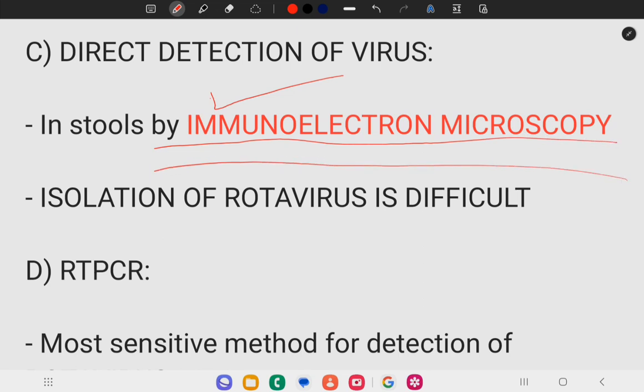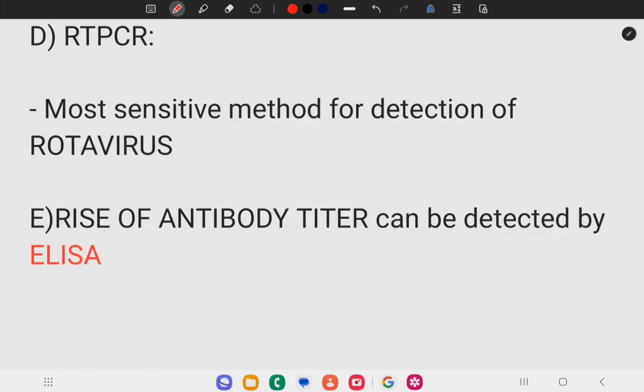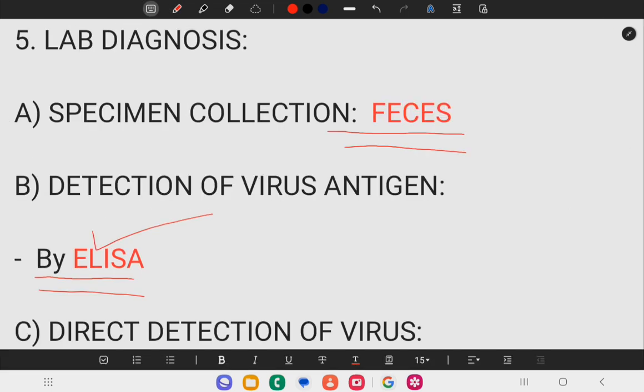Isolation of rotavirus is difficult, so it is not possible to culture the virus. RT-PCR is the most sensitive method for detection of rotavirus, and rise of antibody titer in serum against rotavirus can be detected by ELISA. We are done with lab diagnosis.